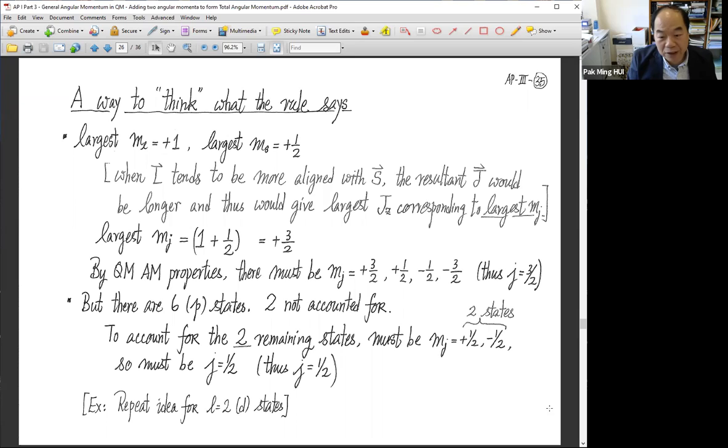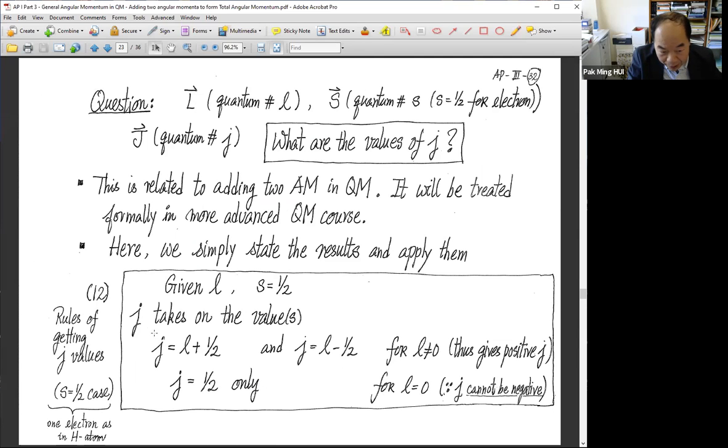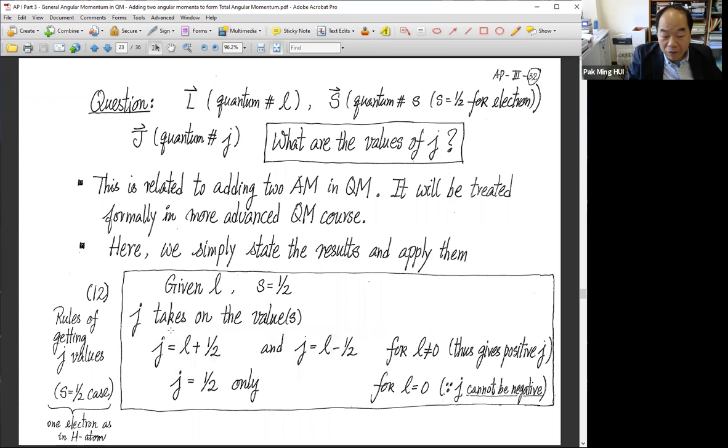So a way to think about this rule: why do we have these two J values? This is some physical picture coming in. Basically, if you think about it, this gives us the magnitude. Then, in our previous section, we also know that you give me an L, that gives the longest Z component.